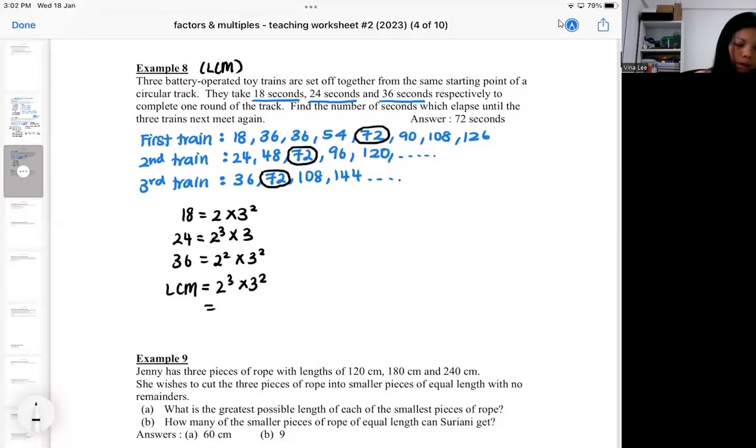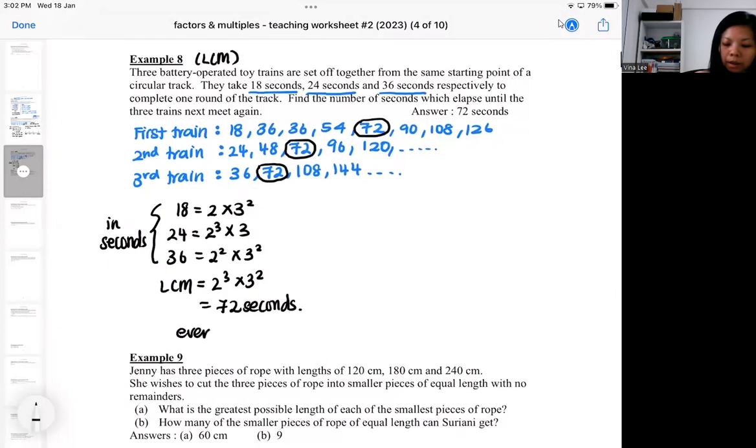So in this case, you will get 72. So again, what's the unit of 72? All these are in seconds. So the LCM you got will be in seconds as well. So the significance will be every 72 seconds, the 3 trains will meet at the starting point.